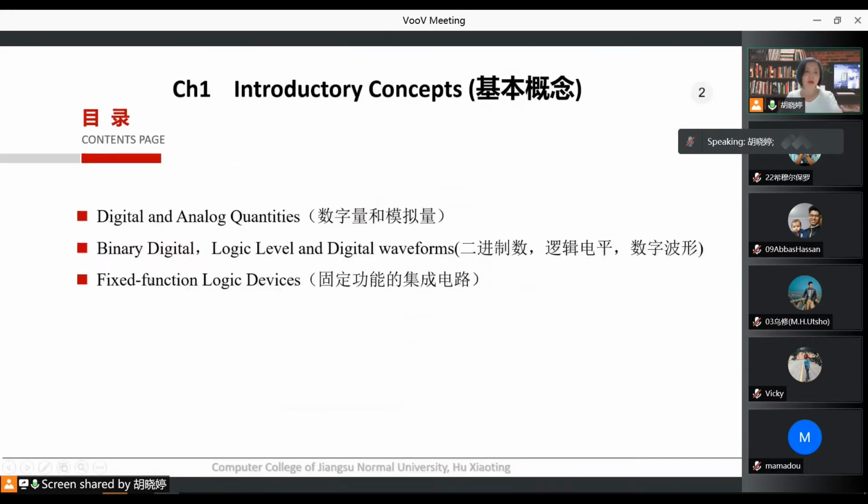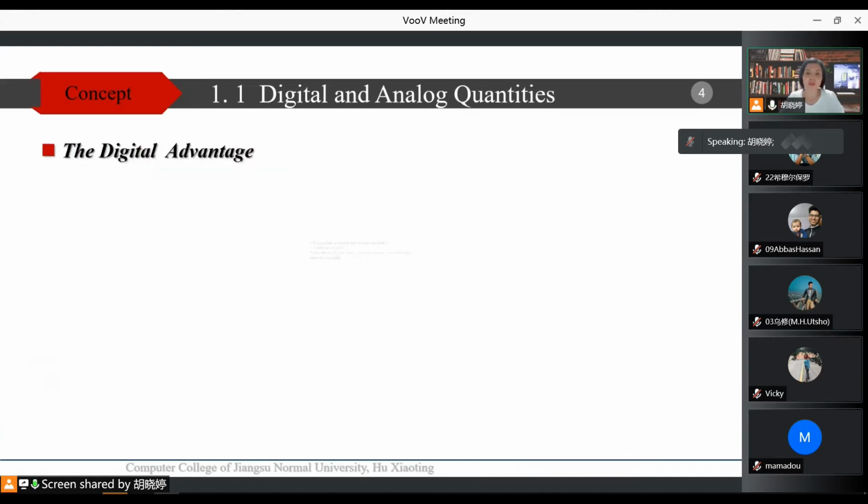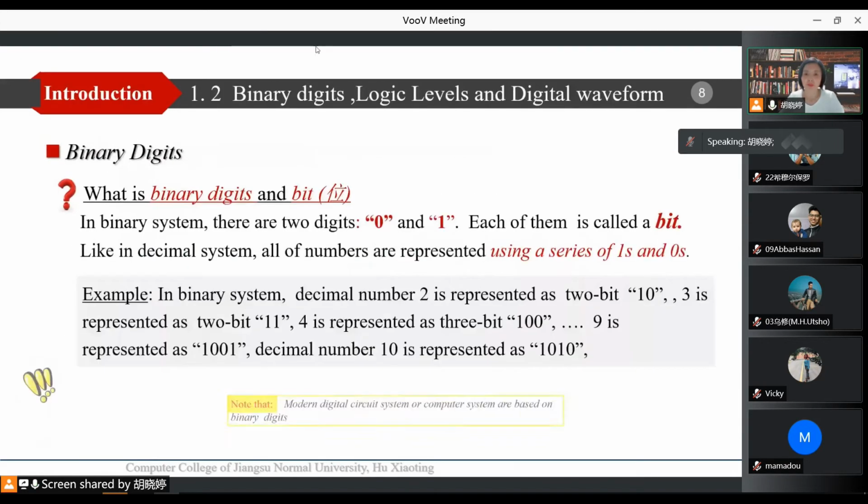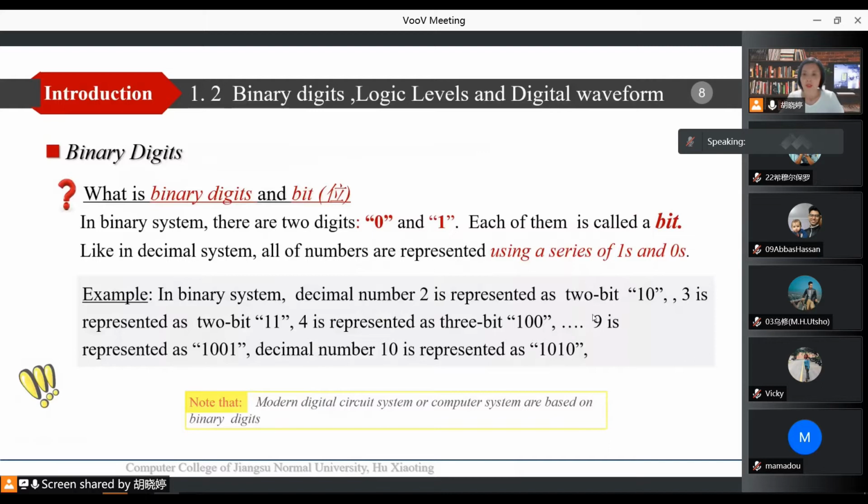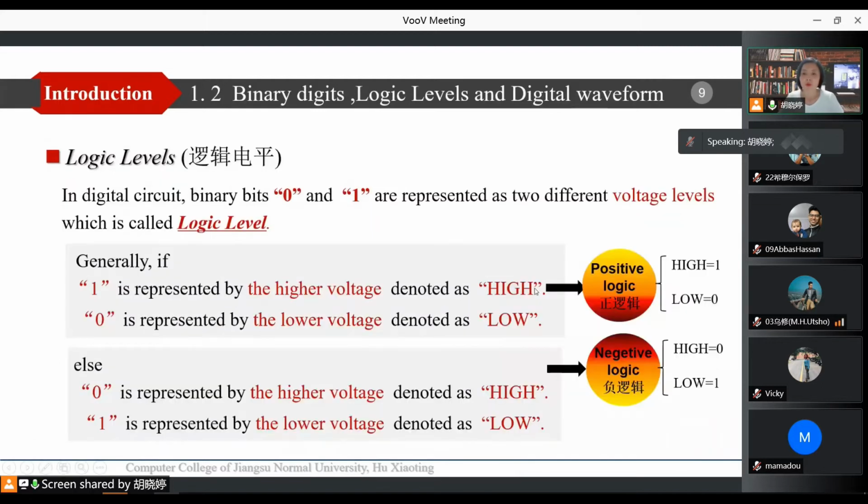Okay, two binary digits will correspond to two kinds of logical level. In the positive logical system, high level will correspond to binary 1, and low level will correspond to binary 0.